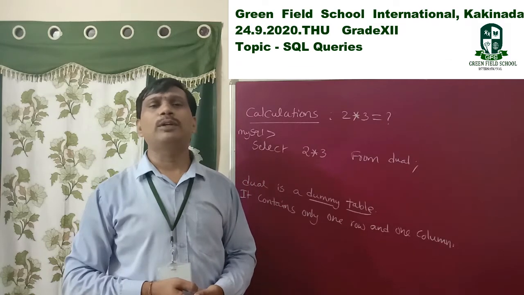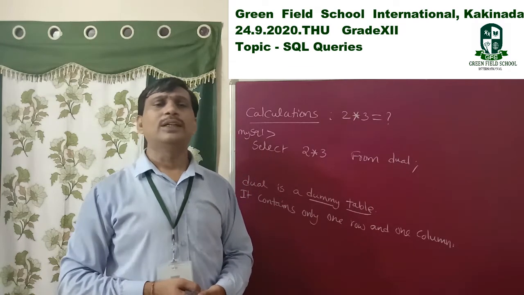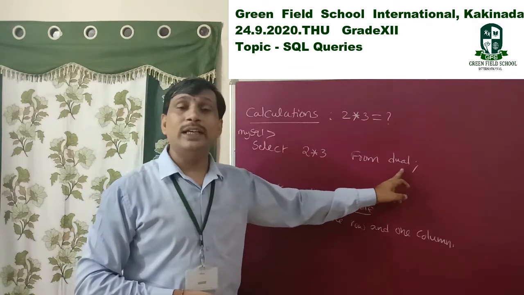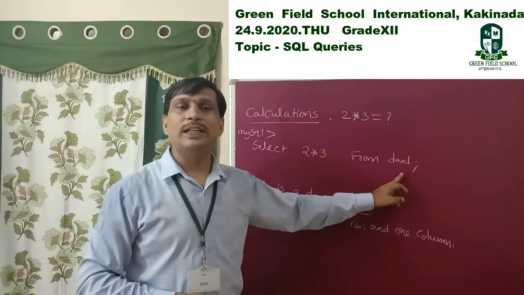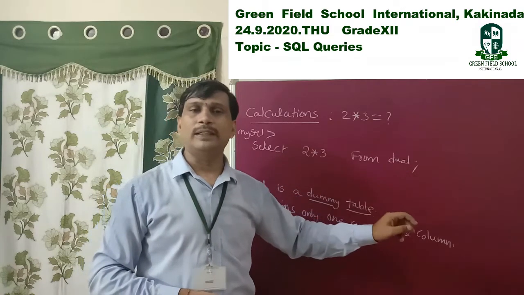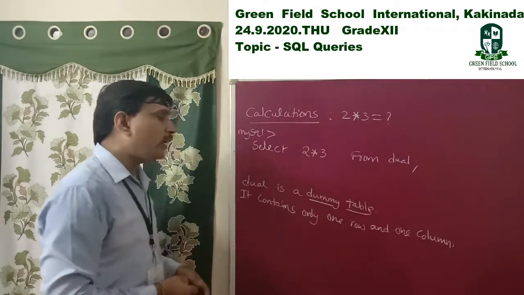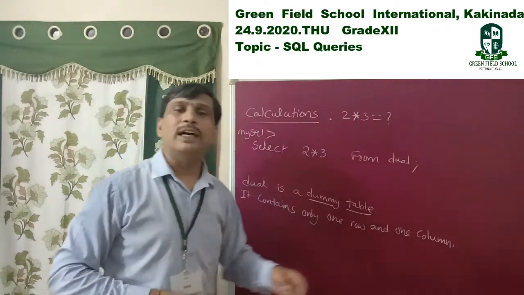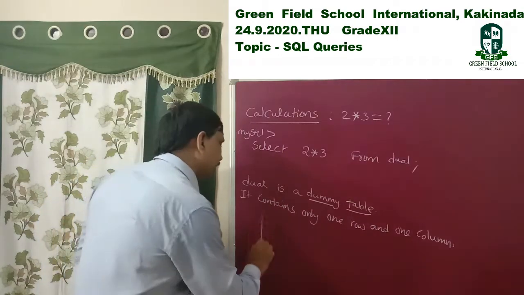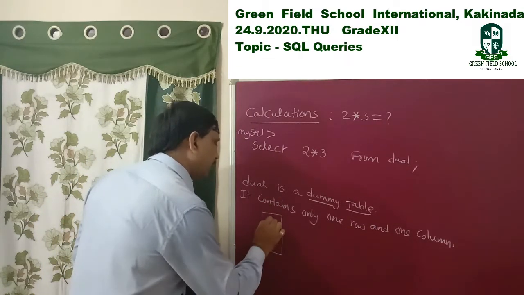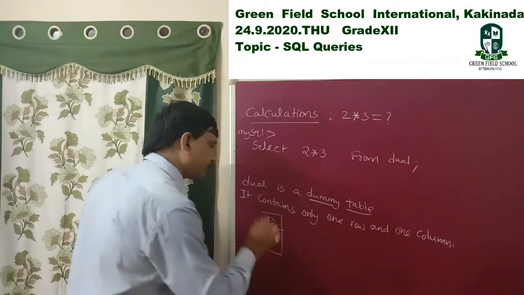This one is one rough table, dummy table. Universal SQL has one dual table. Dual is a dummy table. It contains only one row and one column.